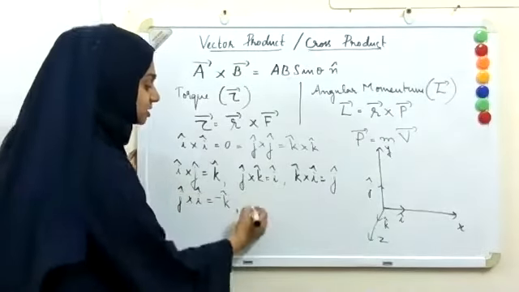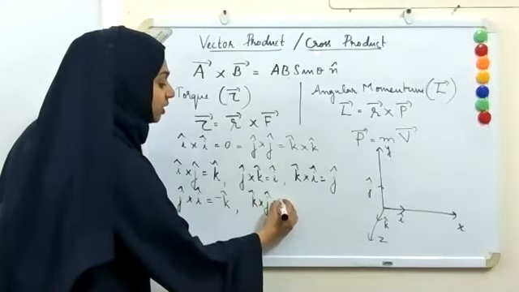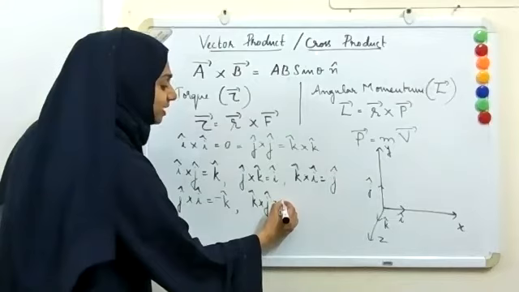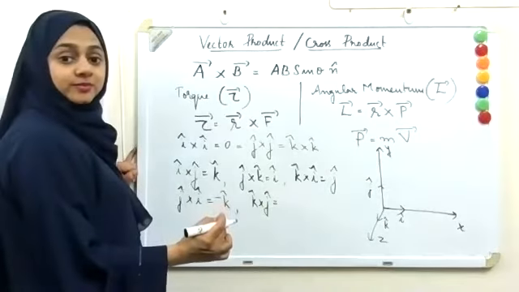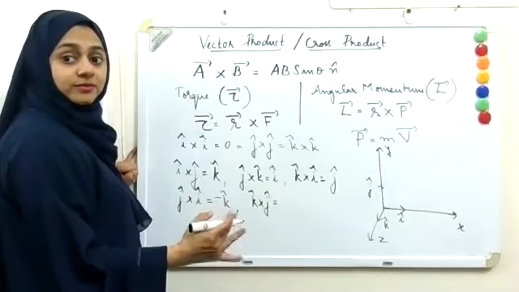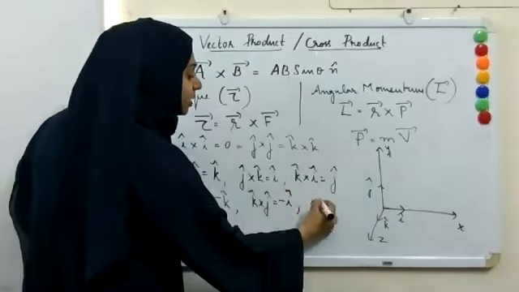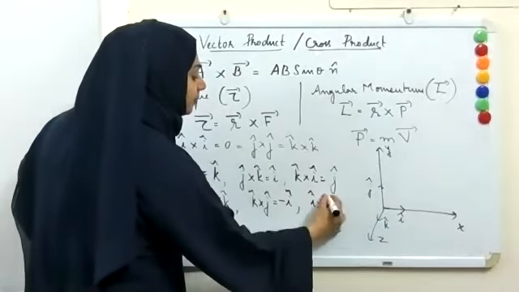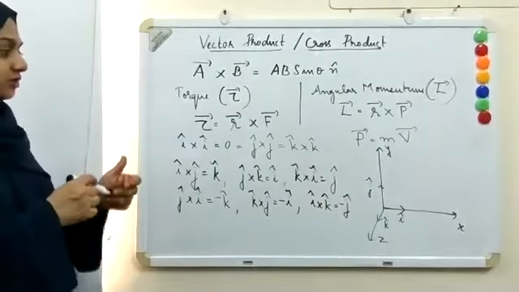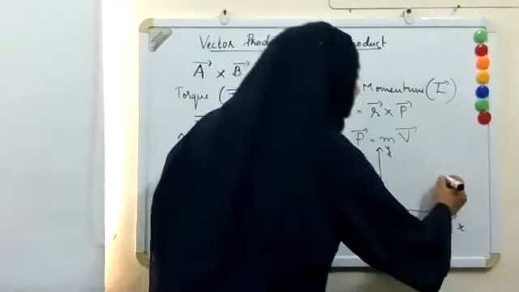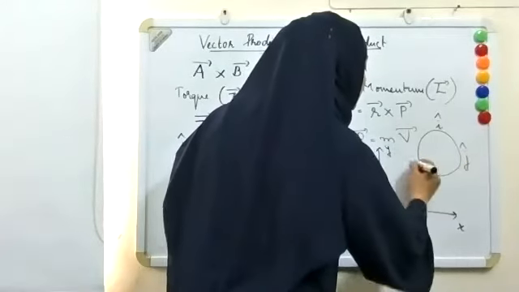Similarly, if I switch this, k cross j, can you tell me what will be k cross j? Minus i. Yes. And what will be i cross k? Minus j. Or to remember this, you just remember the cycle. i, j, k.